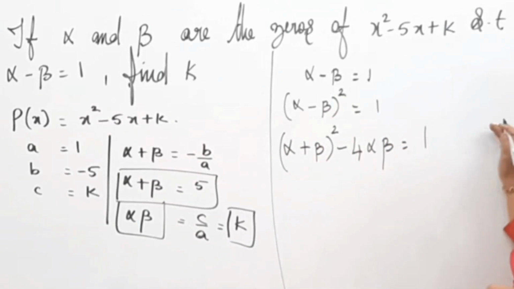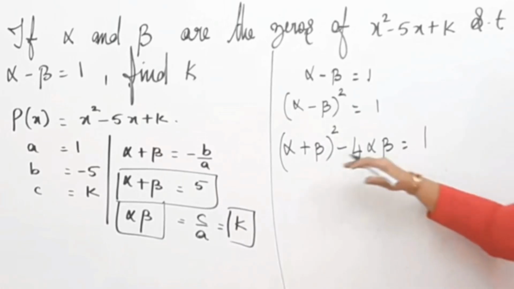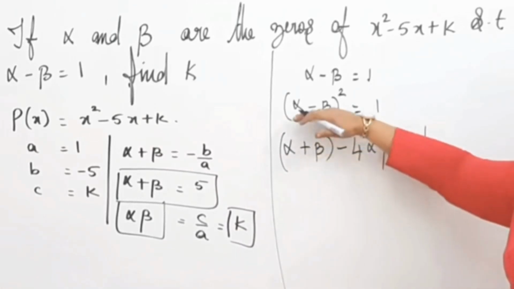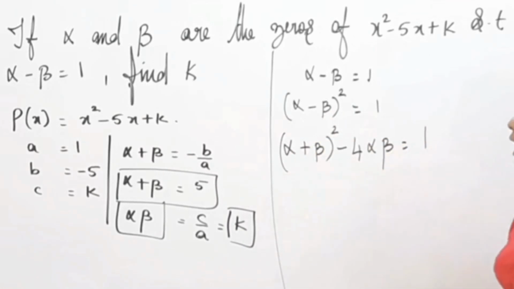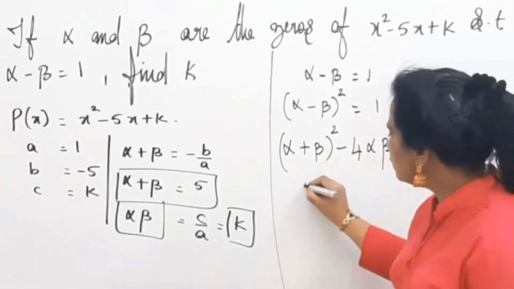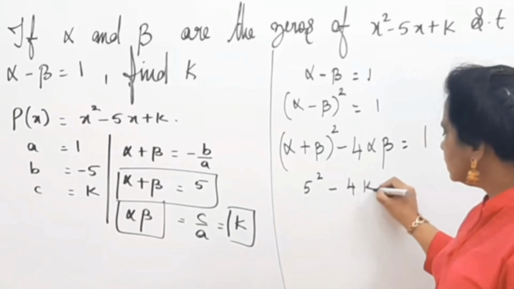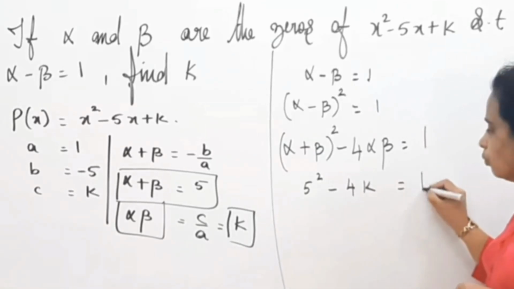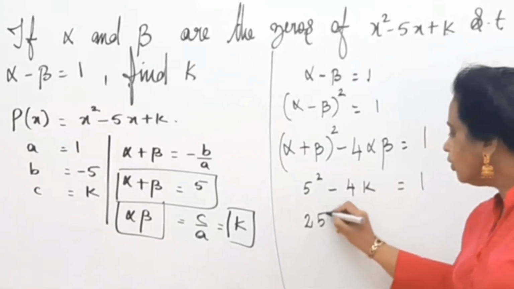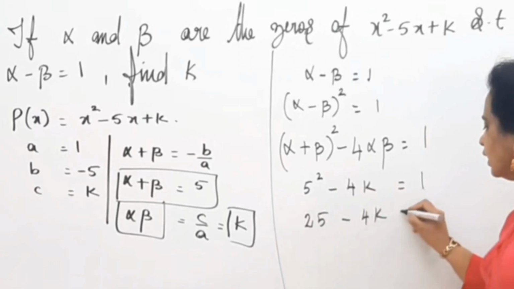Why? Because when you use the identity and substitute the value, you get this is equal to this one. Now, I know alpha plus beta is 5 square minus 4 into alpha beta is just k, which is equal to 1. That is 25 minus 4k is equal to 1.